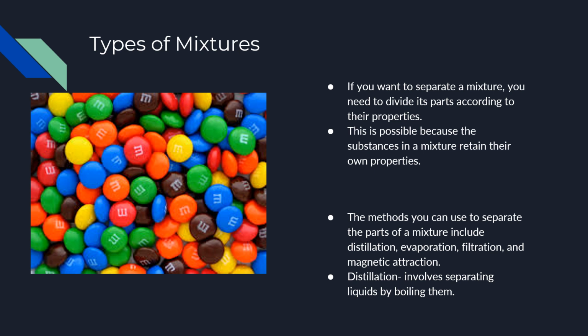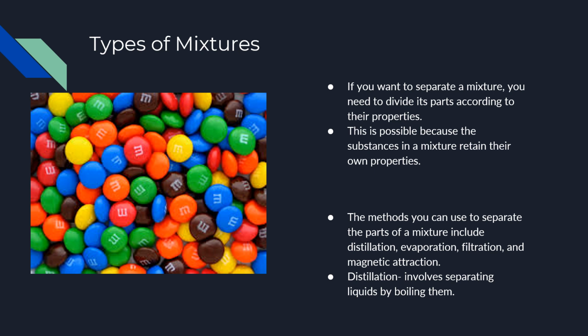When we're filtering out some of the chemicals or particles that are in the water, we can use filters to filter that out, keep the big stuff out, and just have the fine parts left in. And then magnetic attraction is when you use a magnet to pull anything that's magnetic out of the mixture. So pretty simple stuff there.